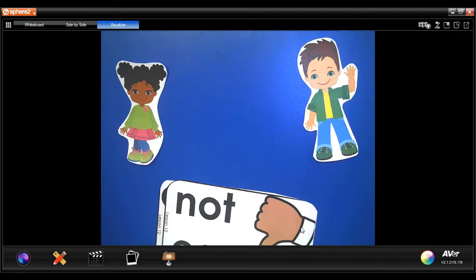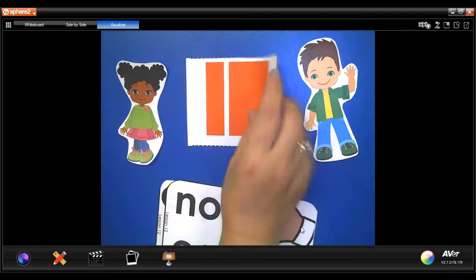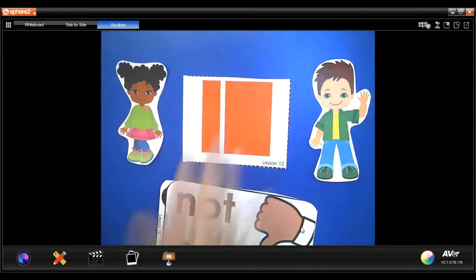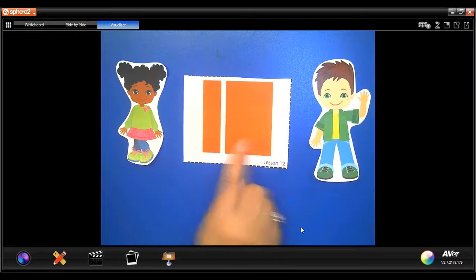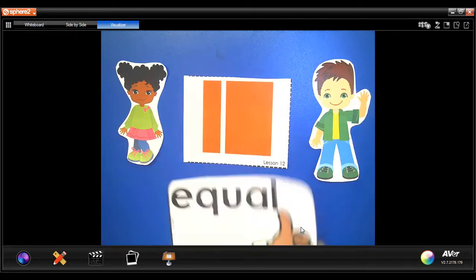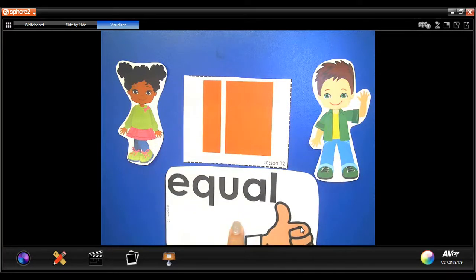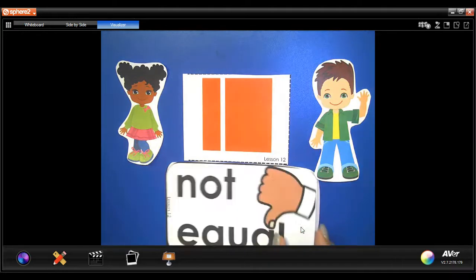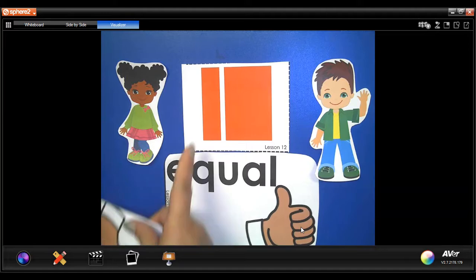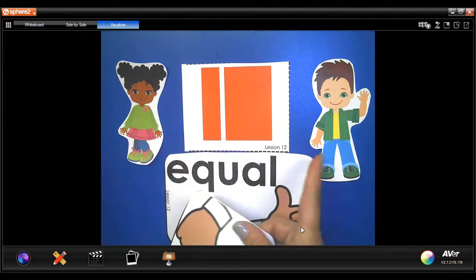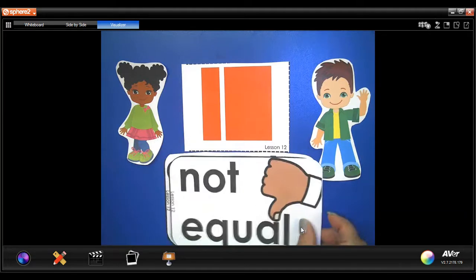Okay? So now let me show you a different, well, it's the same shape, but I cut it in a different way. So this is for her and this is for him. Is that divided equally? Is that equal or not equal? Is everybody going to be happy with that? Or not?